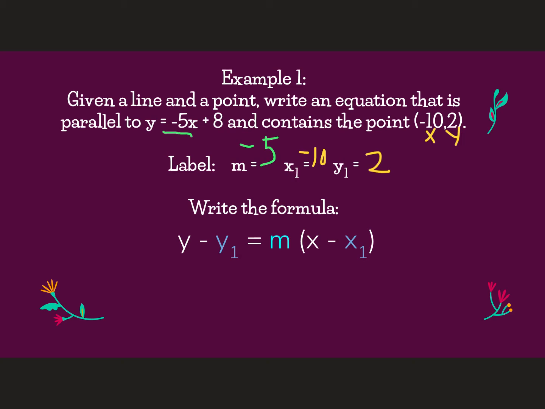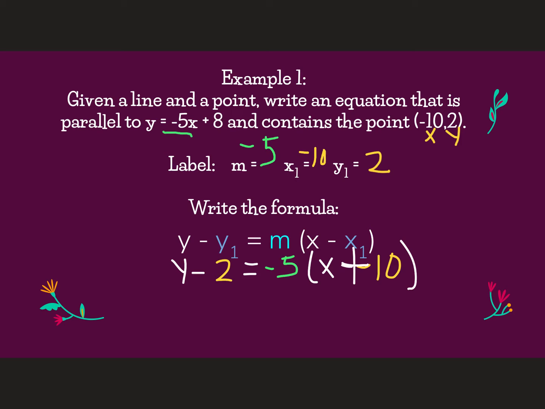So I'm going to plug it into this formula down here. We have y minus our y1, which is 2, and that's going to be equal to our slope, which is -5, followed by x minus our x1, which is -10. But we know that two negatives give us a positive.